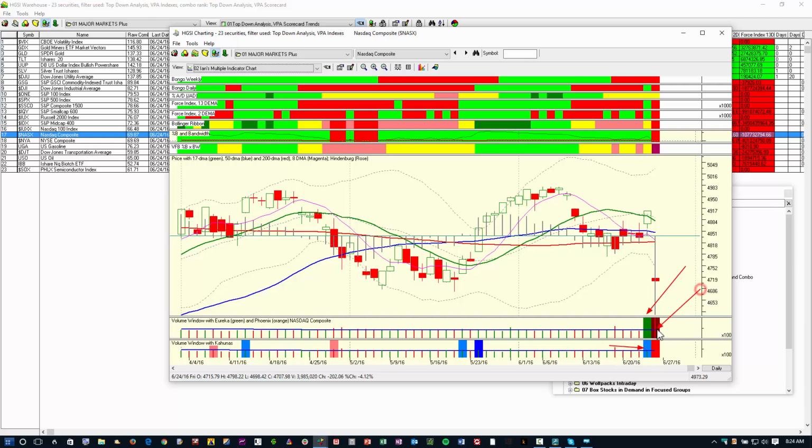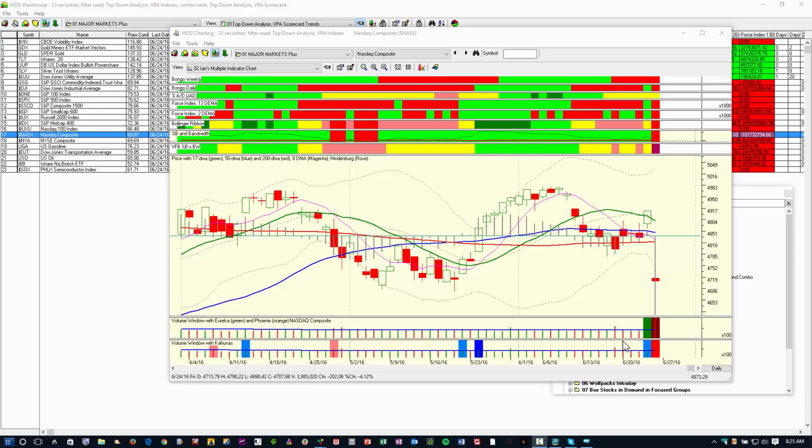And then the next day we had a Phoenix and a big Kahuna to the downside. So that's just something I've never seen. You can see that this is all oversold. Everything was green on Thursday, and it's all red on Friday. So it's just a very, very unusual occurrence, and we know it's a major news event when something like this happens.